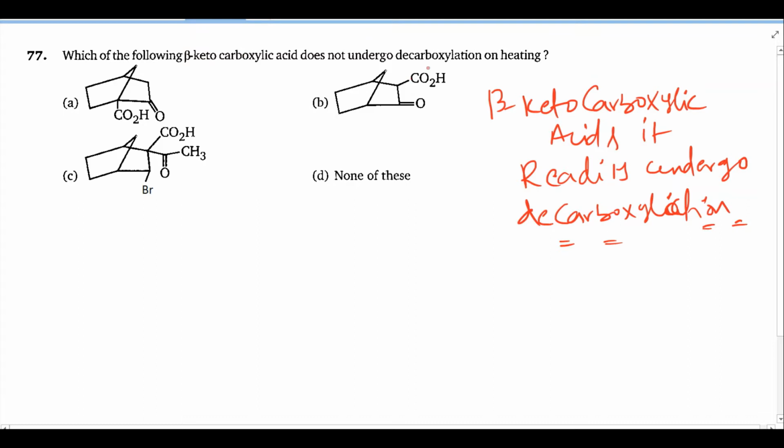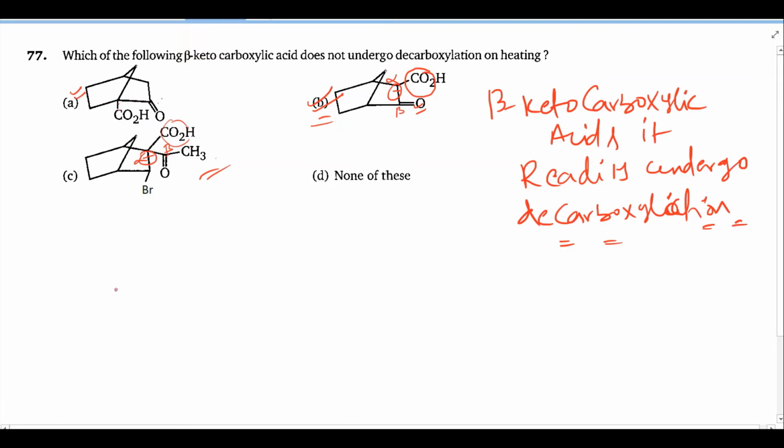You can see the second option. If you remove the CO2, the negative charge is more stable, so this readily undergoes decarboxylation. This is the functional group side carbon, alpha carbon, and this is the beta carbon. These two beta compounds will undergo decarboxylation. But option A will not undergo decarboxylation even though it is beta keto.